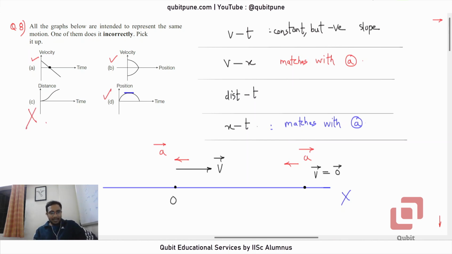Now I want to give you homework. The homework is to plot, qualitatively of course, the distance time curve for the given situation. Can you do it?